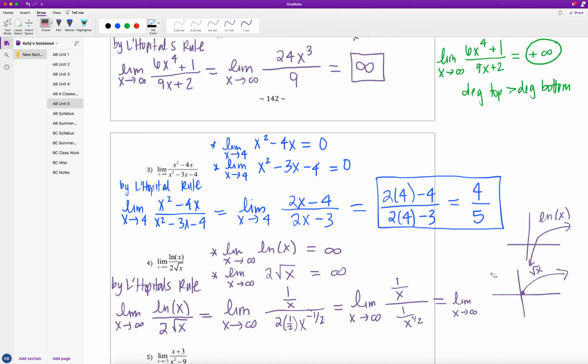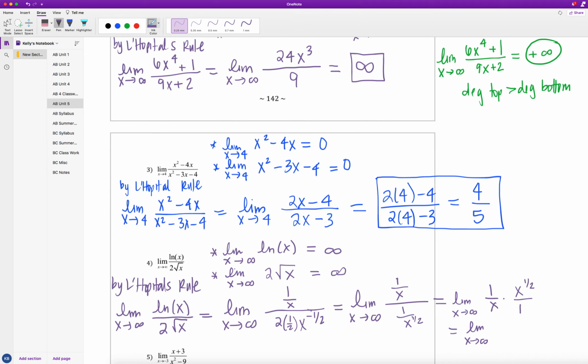Let me erase these graphs that we had just so I have enough space. But we'll get 1 over x times the reciprocal of the denominator, which would leave us with x to the 1/2 over 1, which is the same thing as the limit as x approaches infinity of x to the 1/2 over x.